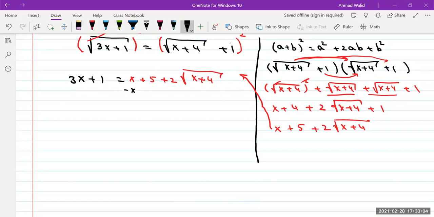So I'll subtract x and subtract 5. Be careful, you cannot subtract 2 here because it's attached to the radical.